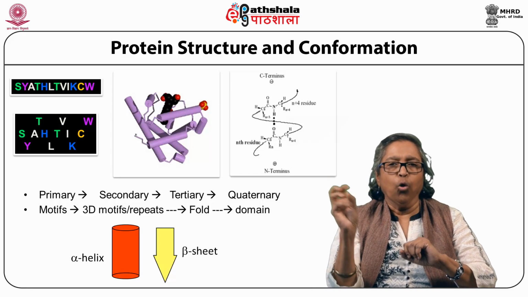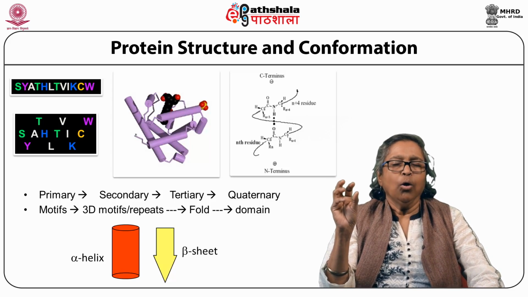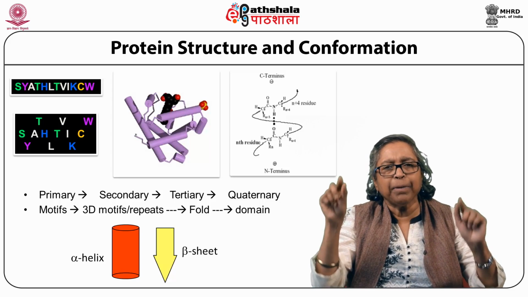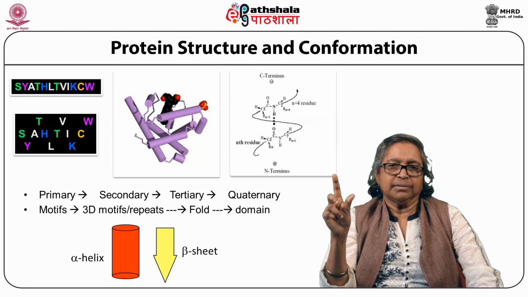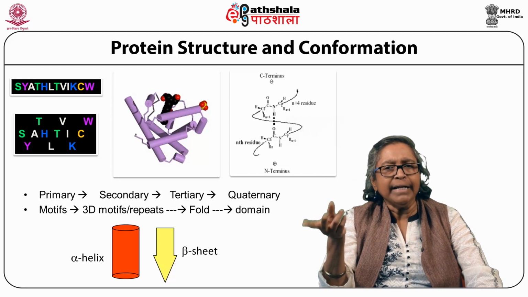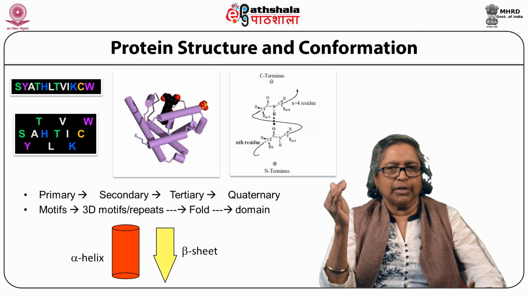But these folds or protein domains contain very specific motifs called the active sites. These may be disjointed in sequence and structurally, or they may be consecutive places as well.